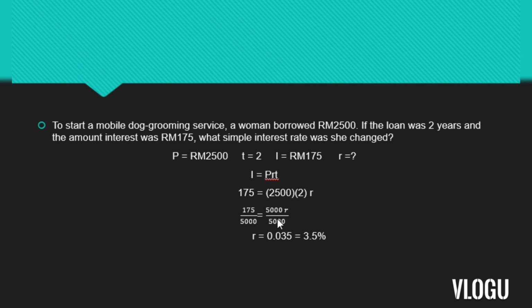So we will get 0.035, and we will get 3.5% after rounding the number.